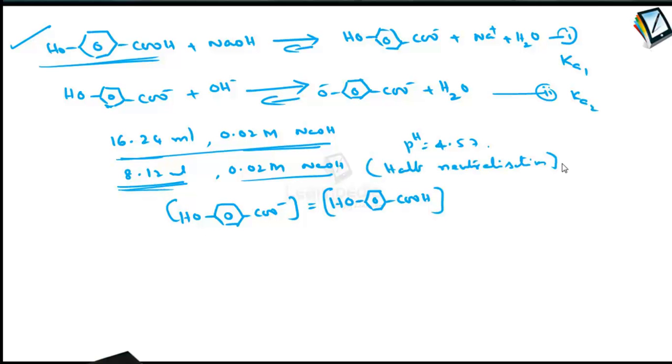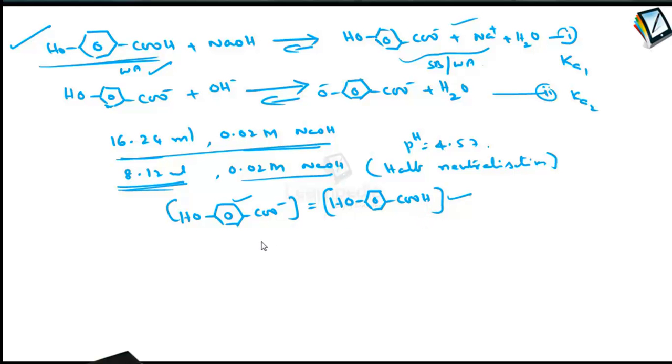So this is the very important point. At this stage, the acid left over and the salt with strong base formed, that is COO minus Na plus, the salt of a strong base and weak acid. And here the weak acid is half neutralized. So half of the weak acid will be left over and the salt of it with strong base is formed. That is a buffer with the special case of the concentrations of these two being equal.